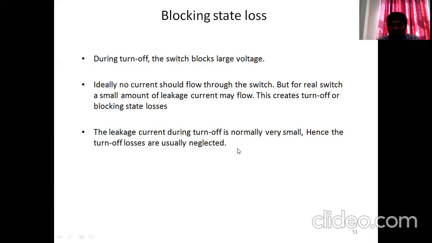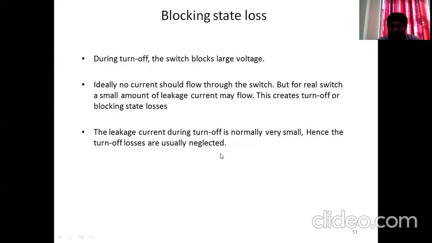But if the leakage current is very small, in microamperes or nanoamperes, then the total power loss can be in microwatts. If the off-state voltage is, let's say, 1000 volts and the leakage current is about 1 microampere, then 1 microampere multiplied by 1 kilovolt is about a milliwatt of power. So that can be neglected in large power electronic applications.